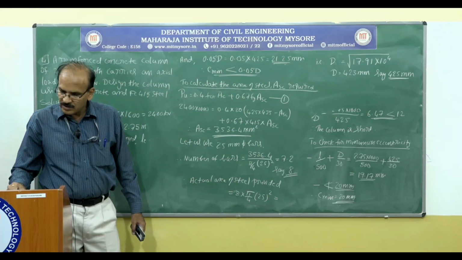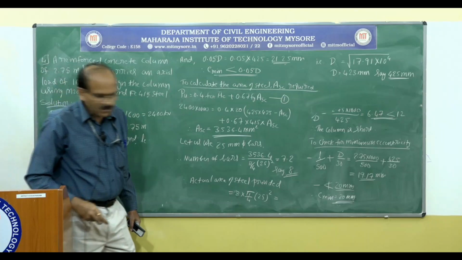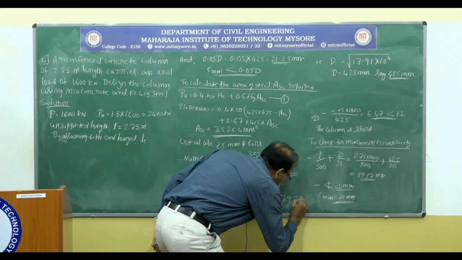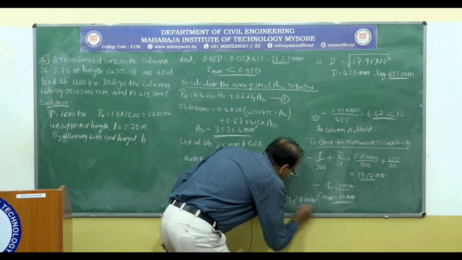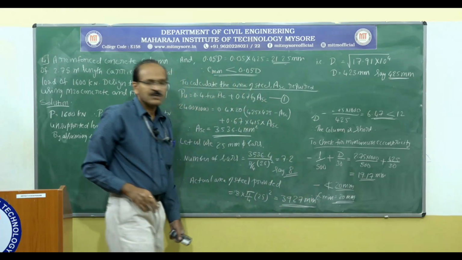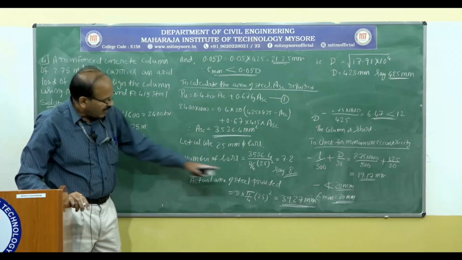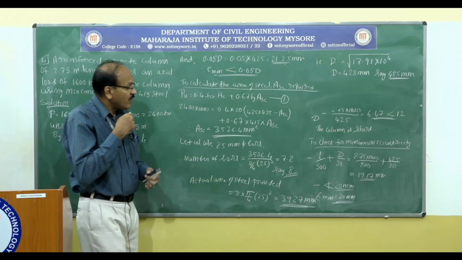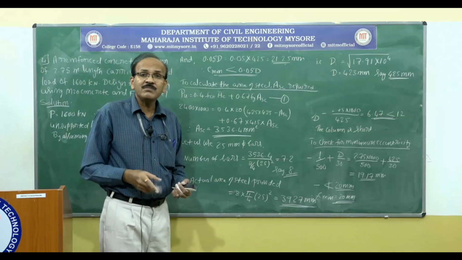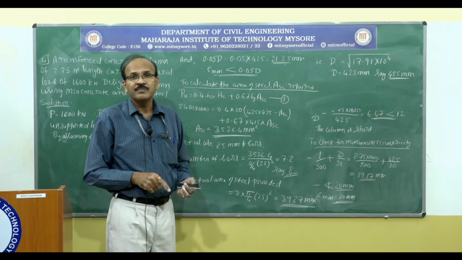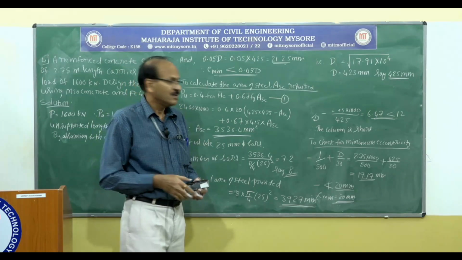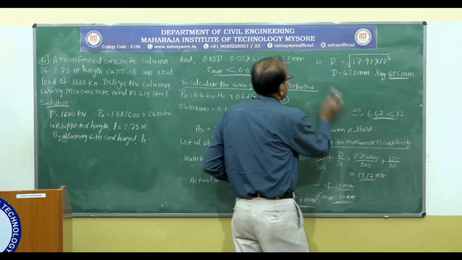So that is 3927 millimeter square. 3927 millimeter square is the actual area of steel provided. The next step is we have to check for ASC minimum and ASC maximum. Then we have to provide lateral ties. So let us check for ASC minimum.